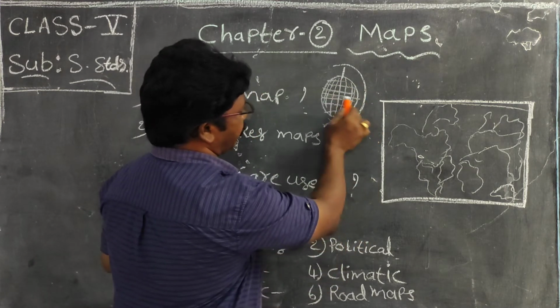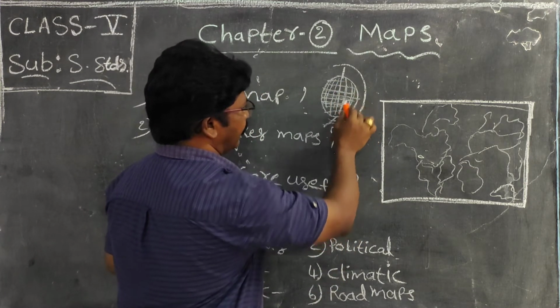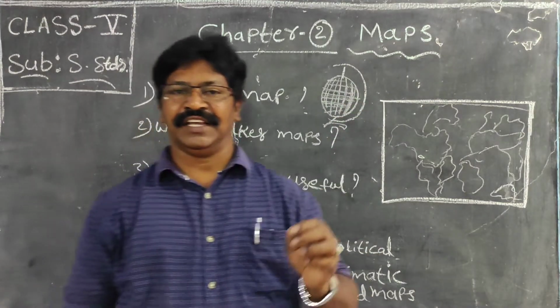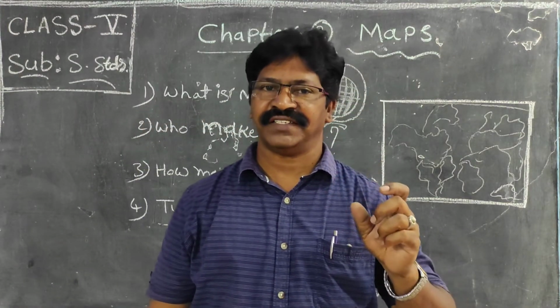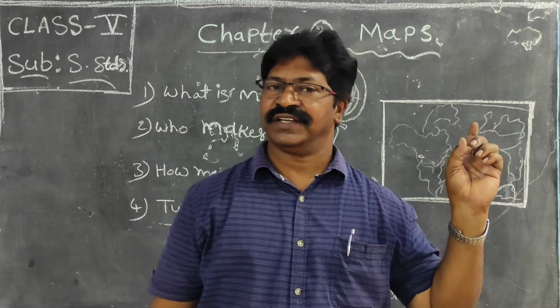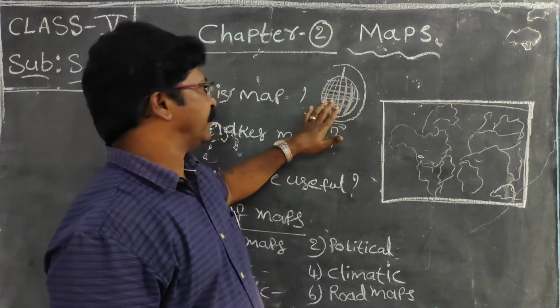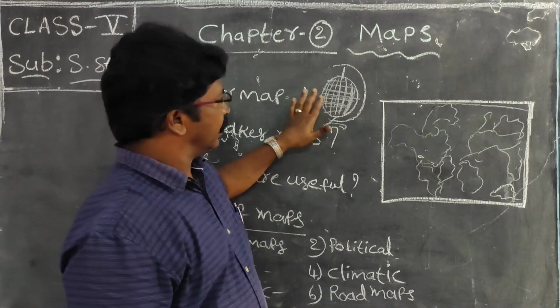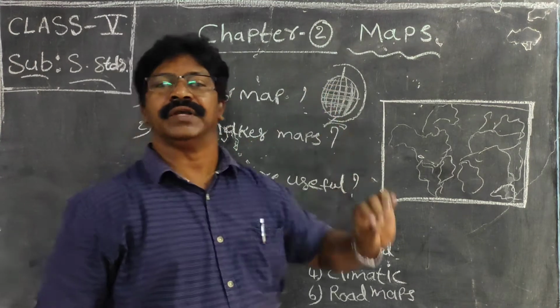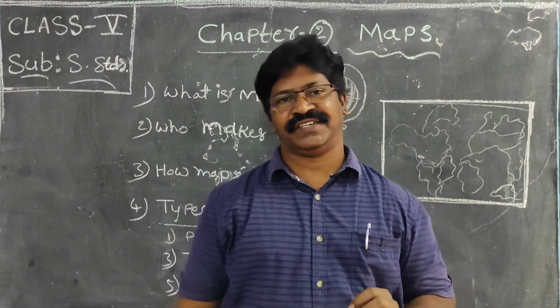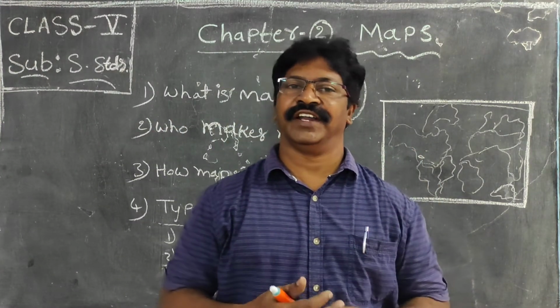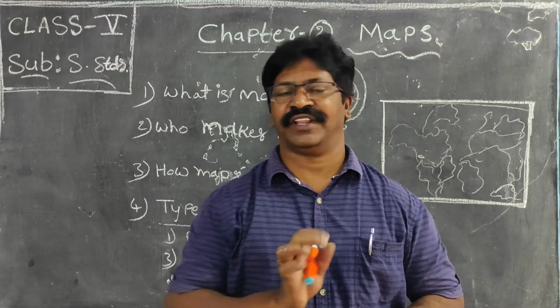So these are the latitudes, these are the longitudes. These are the imaginary lines which we find on the globe, and they are very useful to calculate the distance from area to area. So these are all the things we discussed.